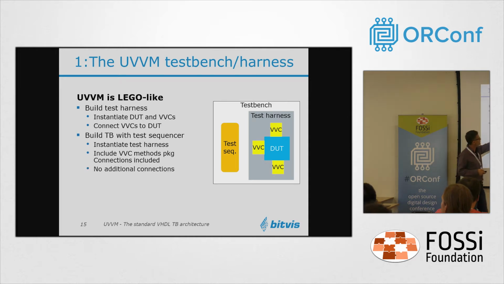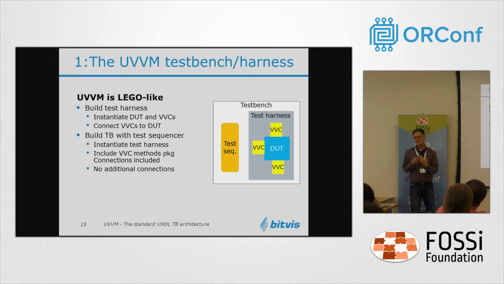Then we include something called verification component methods packages. That basically means that every single verification component has a package of methods and a connection signal. And once the sequencer or test bench includes that package, then you have a connection via packages. It's a global signal in VHDL.